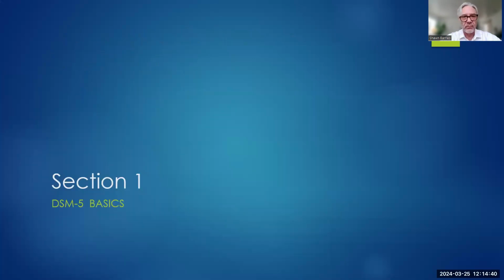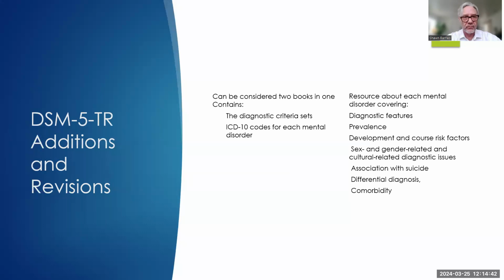All right, so DSM additions and revisions can be considered. Some people consider this DSM as 2 books in one because it contains both the diagnostic criteria and ICD-10 codes for mental health disorders, and is a written resource about each mental health disorder.